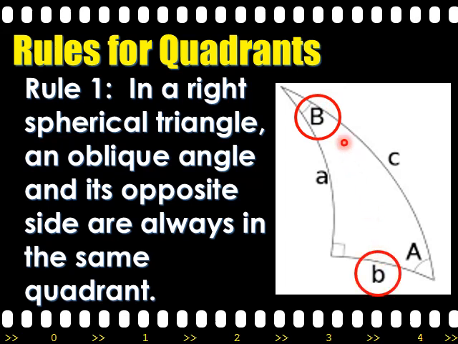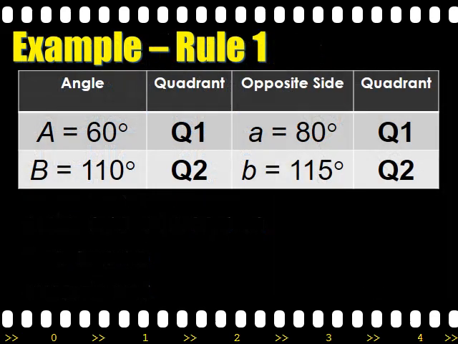Ngayon, kunwari si angle B, ang value niya is, let's say, 100 degrees. So, yung 100 degrees mo, nasa quadrant 2 yun. So, dapat yung value ng side B mo, dapat nasa quadrant 2 din. Okay? Okay, so let's look at this example.